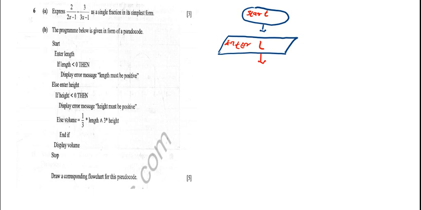So if we have an if statement, meaning here we are using a decision box. Since we have an if statement, it is a decision box. So you write a decision box, which is that one.